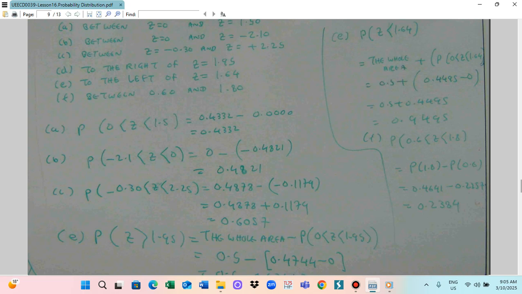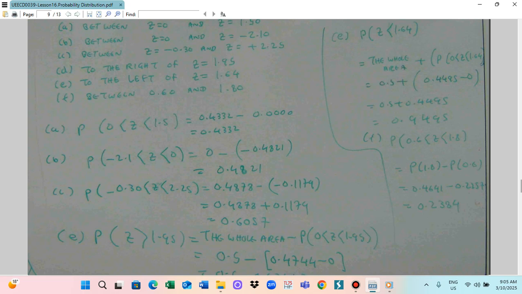Okay, between 0.6 and 1.8. So this is just write the thing. Probability between 0.6 and 1.8. So read the 1.8 on the graph, also read the 0.6 on the graph, and then subtract. So probability 1.8 minus probability 0.6.